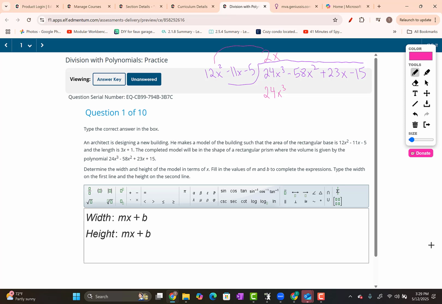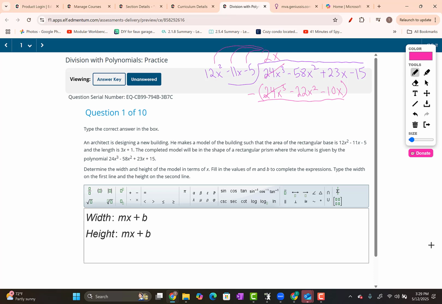Those two terms should mirror each other. 2x times negative 11x is negative 22x squared. Again, we've got like terms by design. And then 2x times negative 5 is negative 10x. We're going to take all three of those terms and subtract them from the terms above. So 24x to the third minus 24x to the third is 0.